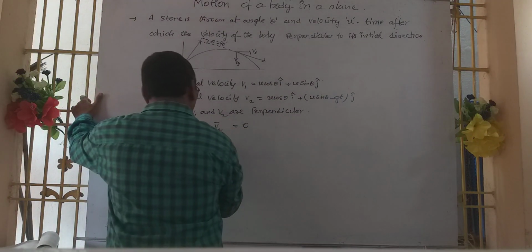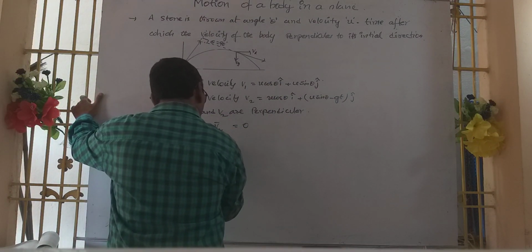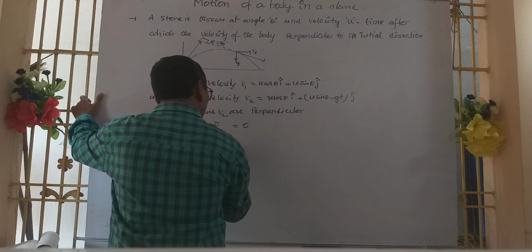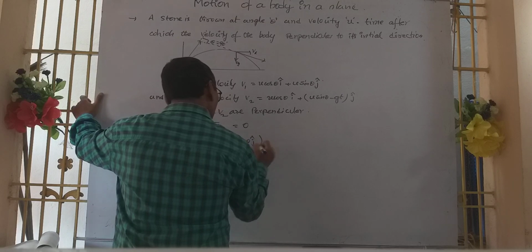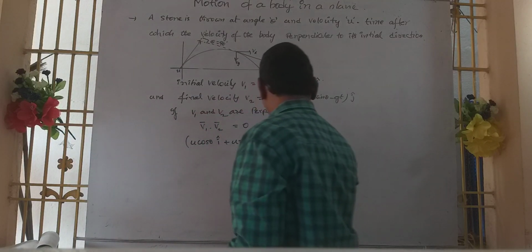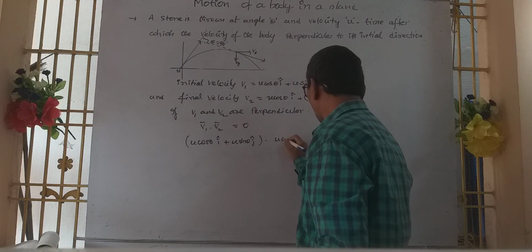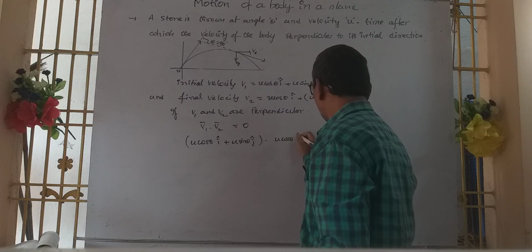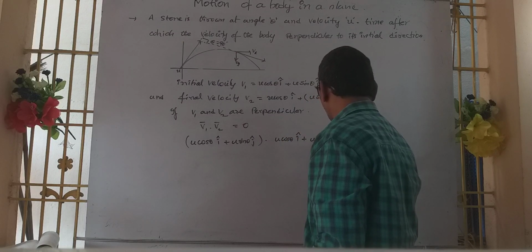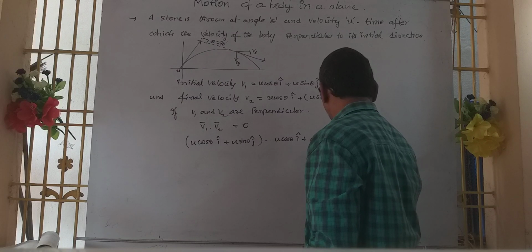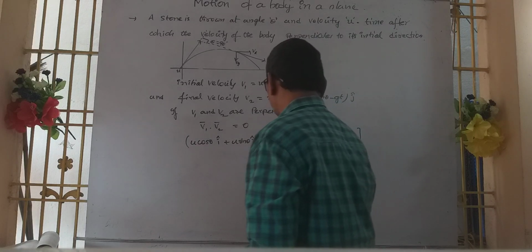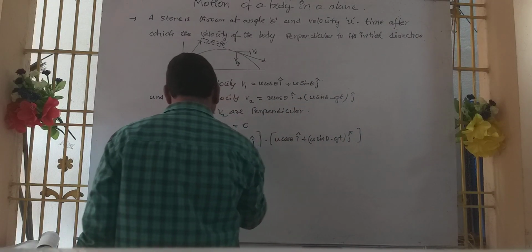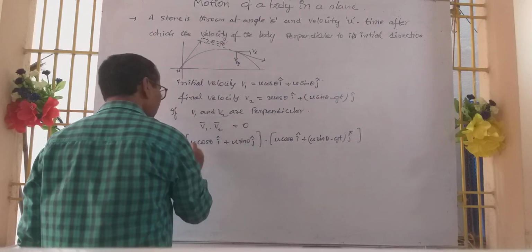Here substitute: u cos theta i cap plus u sin theta j cap, dot, u cos theta i cap plus (u sin theta minus gt) j cap. These are the square brackets we are mentioning.